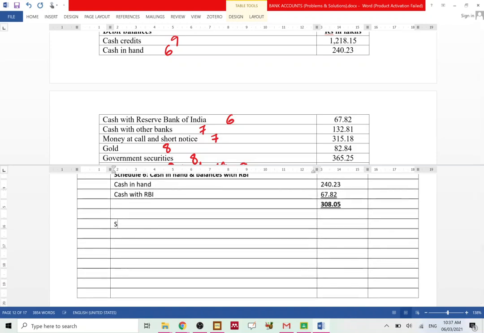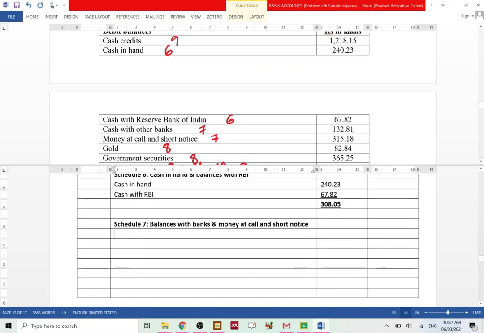Let's do the next one, schedule 7. And schedule 7 is about balances that the bank has with other banks, and any money at call and short notice. Alright, these are balances, small loans that are given by one bank to another. So what do we have under this?